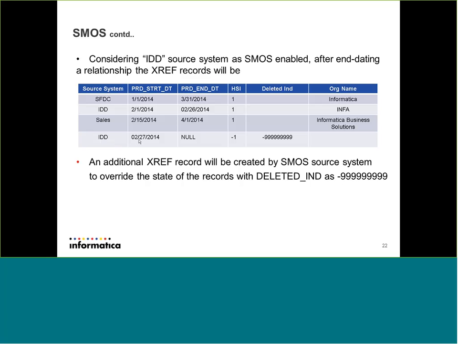So the period start will be the current system date, extending into the future, and the HotFix indicator will be -1. That means it is no more active, and this inactiveness is to be overridden on all the other existing cross references. Internally, our code will check for the deleted indicator and HotFix indicator -1 and decide the activeness of the relationship.